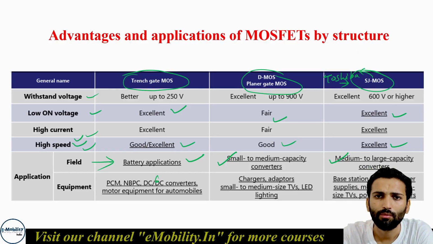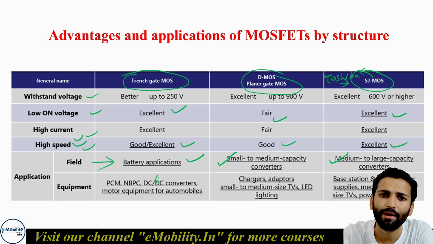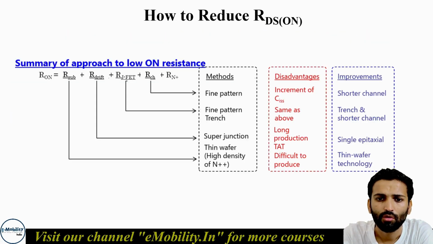So this is all about the MOSFET, and this video is related to the practical application of the MOSFET, or how you can select a MOSFET and what are the important parameters which affect the selection of a MOSFET. So this is how the RDS on resistance is decreased or increased.